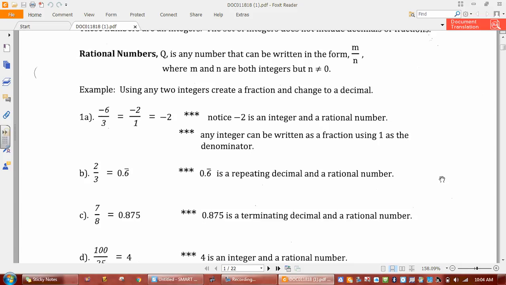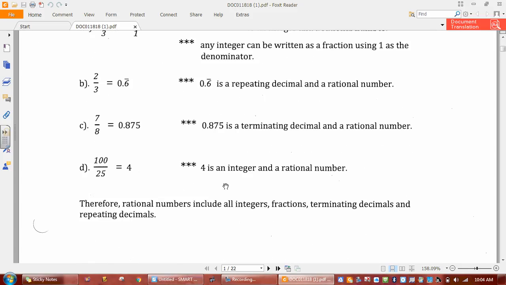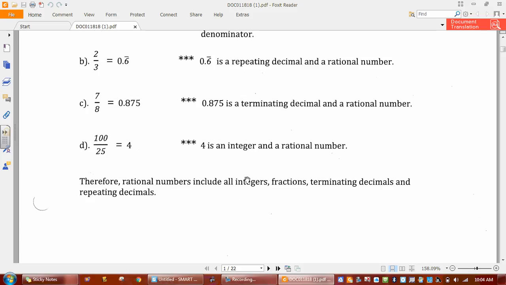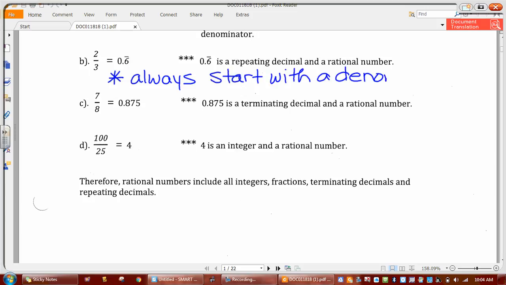So it says 2 over 3 is 0.6 repeating. Now, I want to make a note about repeating digits at the bottom of this. Repeating digits always start with a denominator of 9s, then reduce.